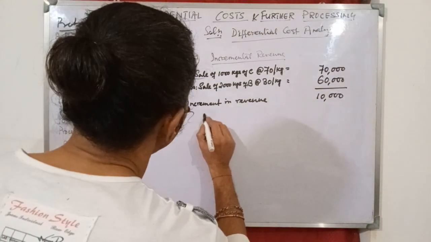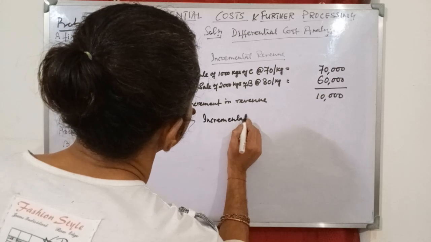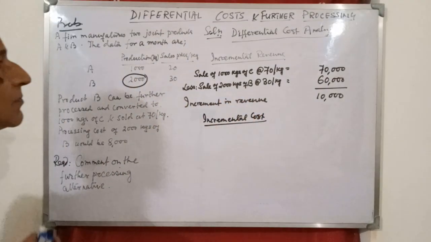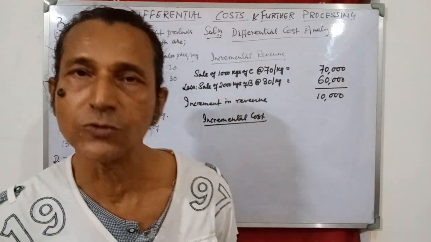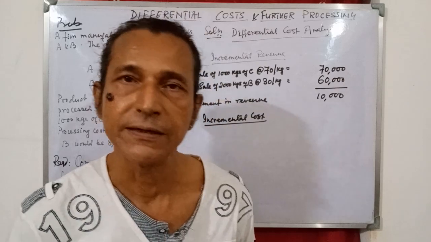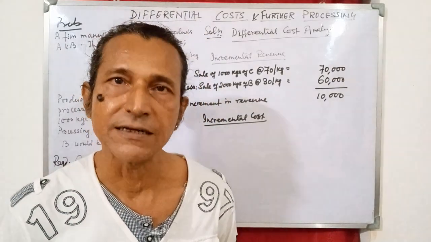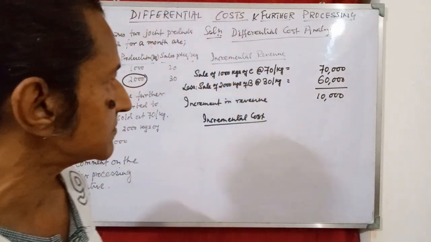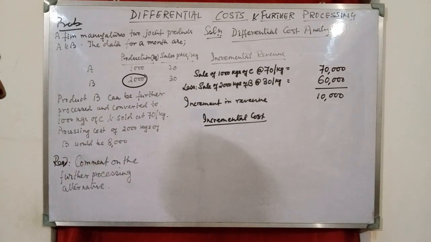Now what is incremental cost? If the firm decides to further process B and convert it into C and sell it in the market at a much higher price, then the only incremental cost the firm is incurring is 8,000.